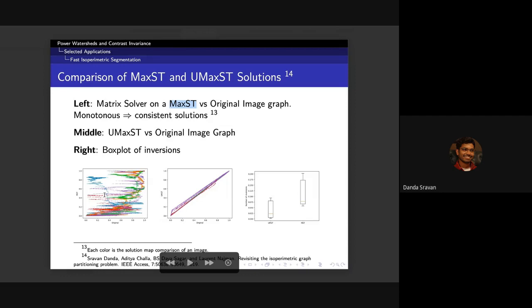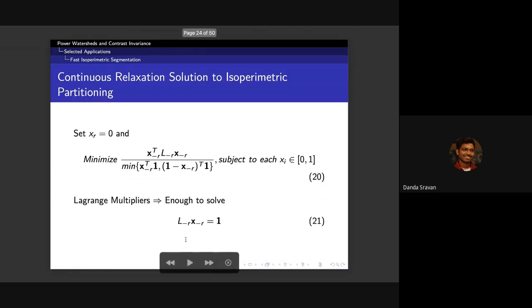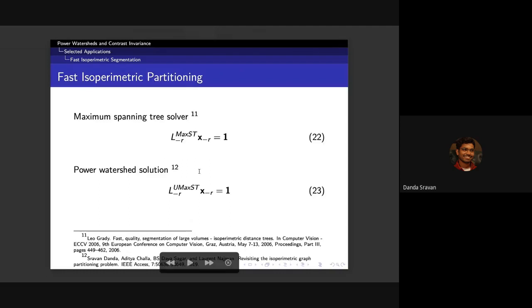On the horizontal axis, the x values corresponding to this blue are the normalized values that I get after I solve this equation on the original graph. On the y-axis, the values are the normalized xi values that I get after solving it on an arbitrary maximum spanning tree.